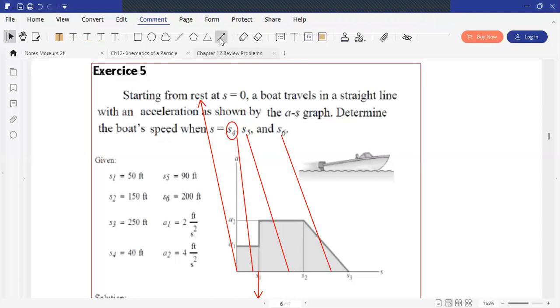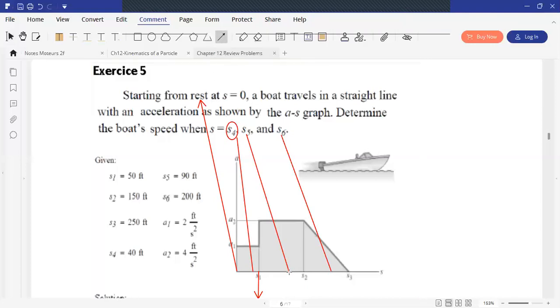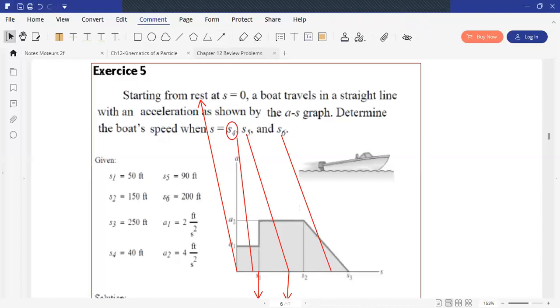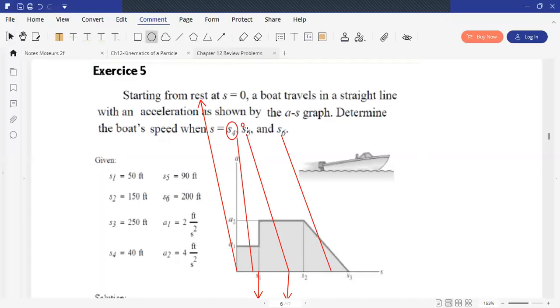Because A2 is constant, I can apply the relation: velocity at 5 square minus velocity at 1 square equals 2A2 times delta S, where delta S is S5 minus S1. From this relation, I can get velocity at 5.